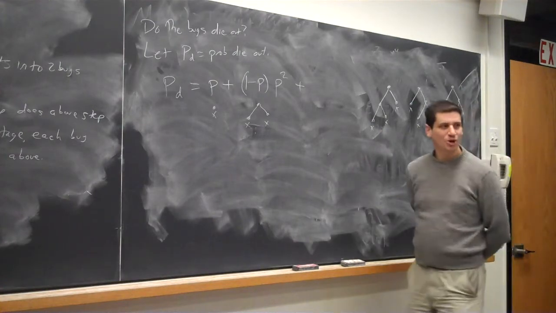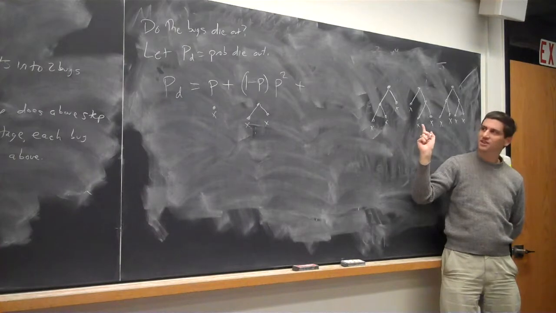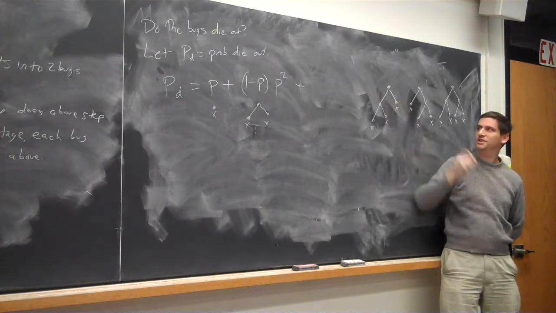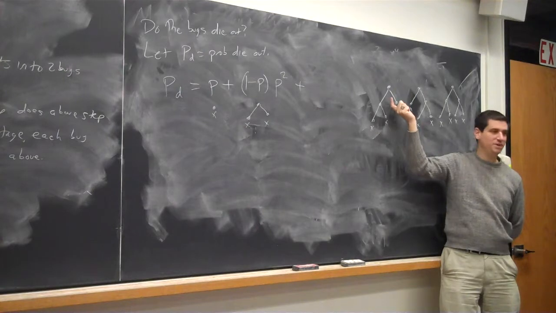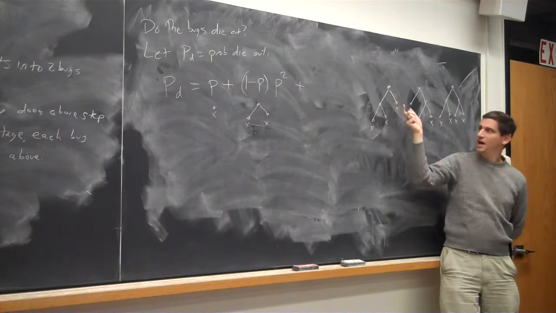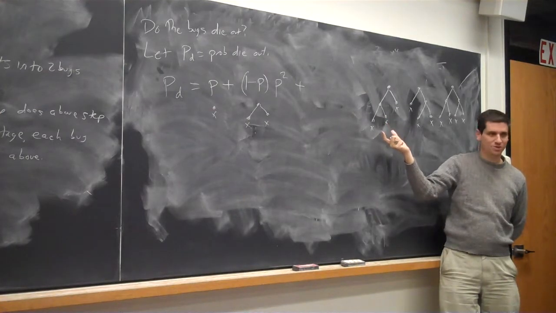Okay. So now the probability that we die out in the third stage is we have to make it there and then we die. So what's the probability of this? It's 1 minus p to get here. And then this is a p, and this is another 1 minus p. And then we have a p squared.